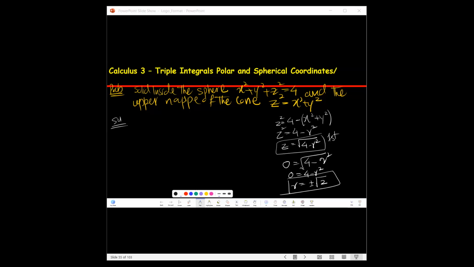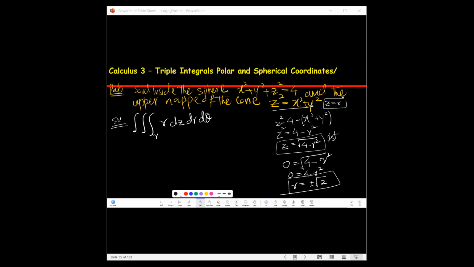So what I'm going to do is substitute the value into my integral. Let's quickly do a shortcut since we already know how to do this. Here the function is 1, so I don't have to write the density function. Then dz dr d theta. Okay, I'm going to substitute the values starting from r, because this cone goes from z equals r.